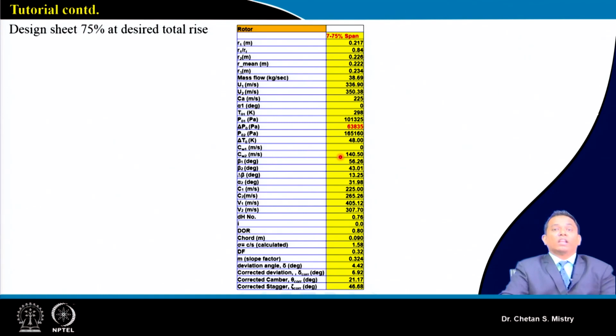We calculated our checking parameters like diffusion factor, degree of reaction, and de Haller's factor. Then we calculated our cascade parameters. So, this is what we mean by doing the design at the mid station.